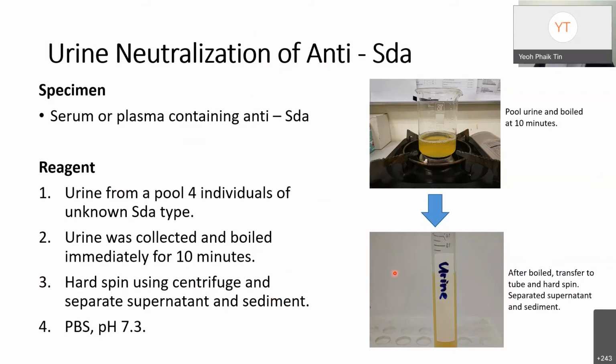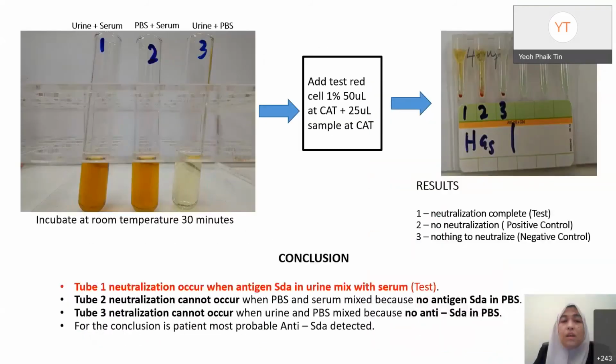Then we spin to separate the supernatant and sediment. We also need PBS pH 7.3. So now we proceed with the test. We label three different glass tubes as 1, 2, 3.